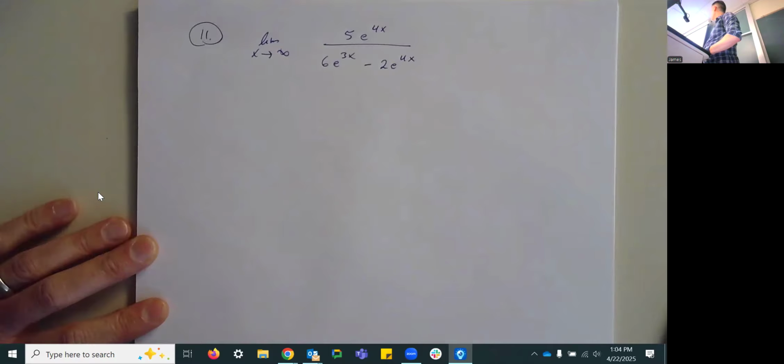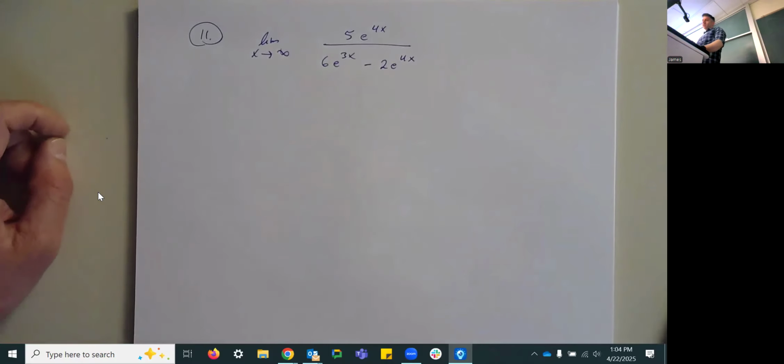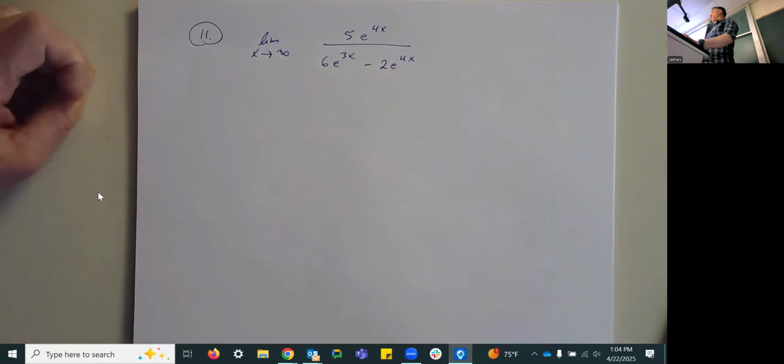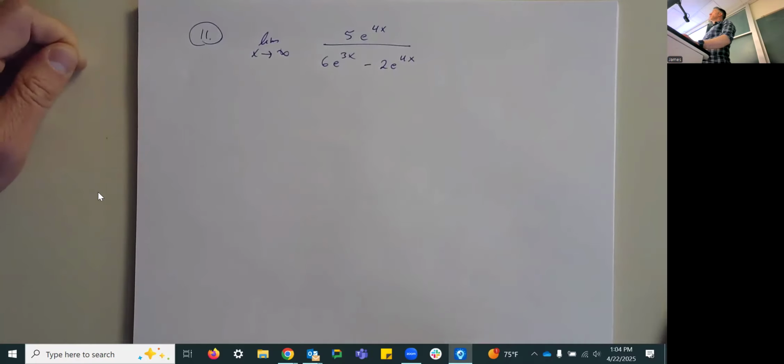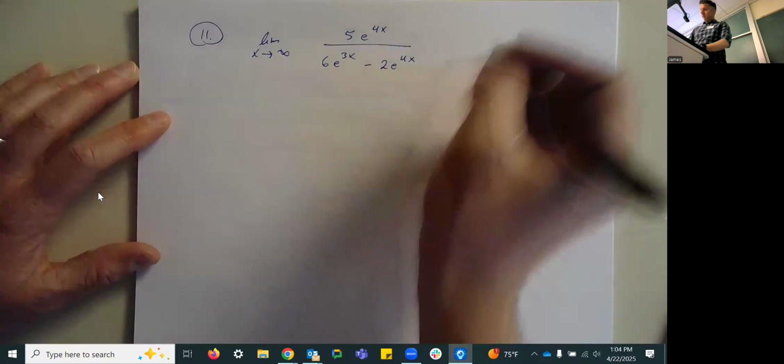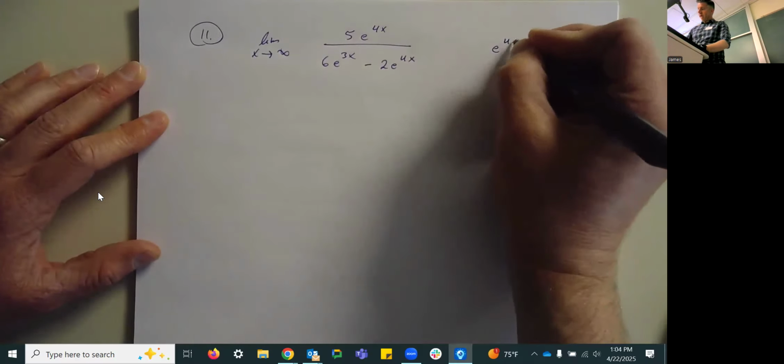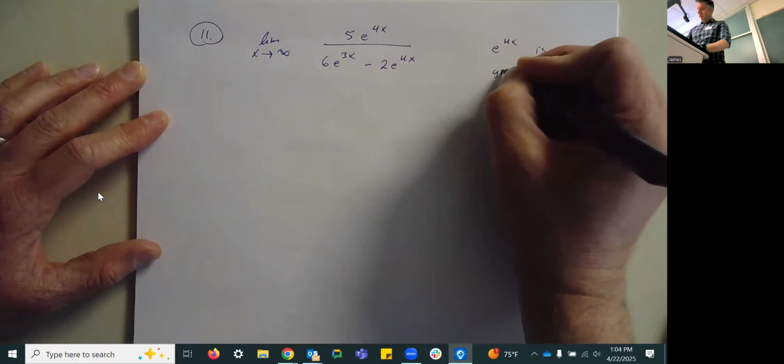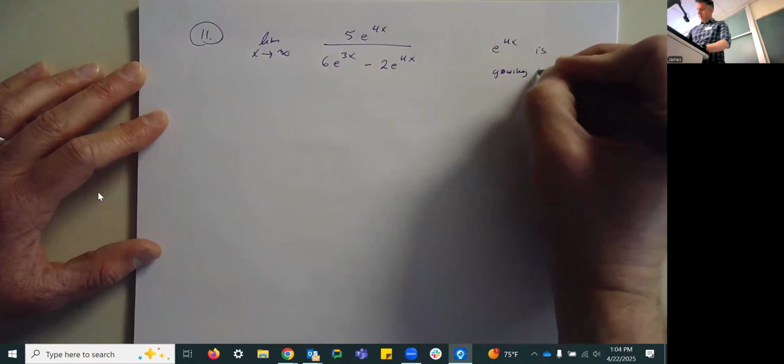So, of the two things, e to the 3x and e to the 4x, which is the thing that's growing faster? Well, probably the one with the bigger x. And it is. If you graph e to the 3x and e to the 4x, e to the 4x is steeper as you move to the right. So in this thing here, e to the 4x is growing the fastest.